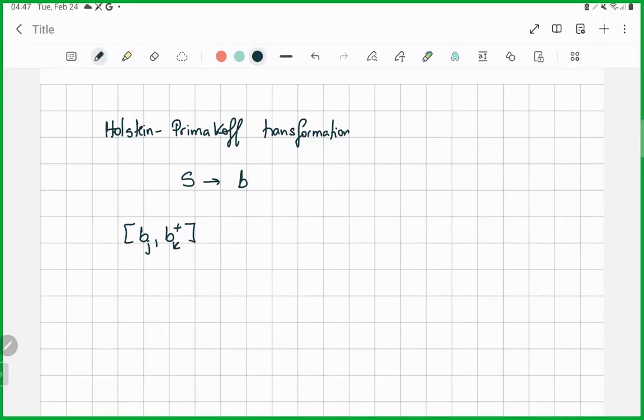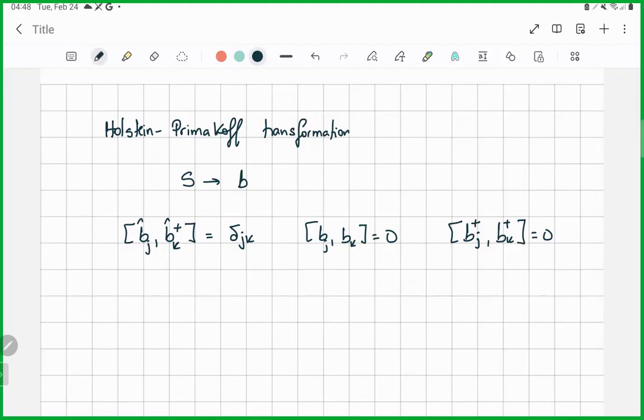So [B_j, B_k†] will be 1 if j and k are equal. We also know that two annihilation operators commute, no matter which sites they are, and creation operators as well.